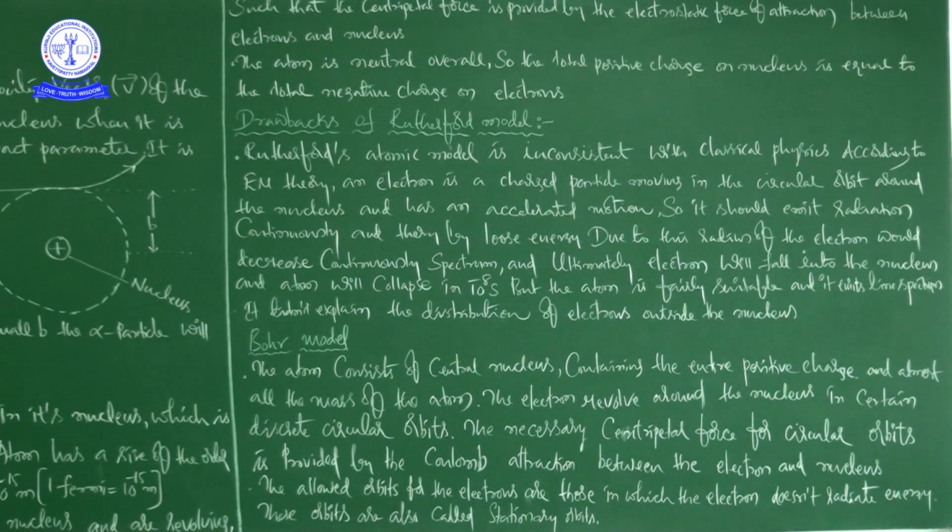According to electromagnetic theory, an electron is a charged particle moving in a circular orbit around the nucleus and has an accelerated motion. So it should emit radiation continuously and thereby lose energy.